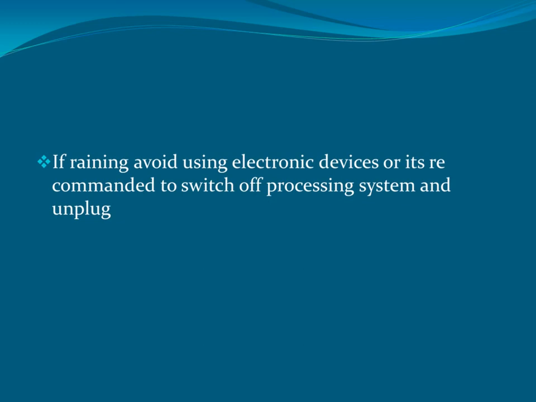Then you can switch back on when the rain is done, to avoid short circuits and other problems that come with rain, like falling of trees that may lead to damage of the power lines that may end up even blowing up your computer systems.